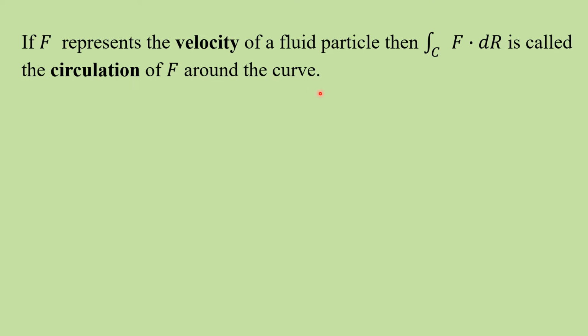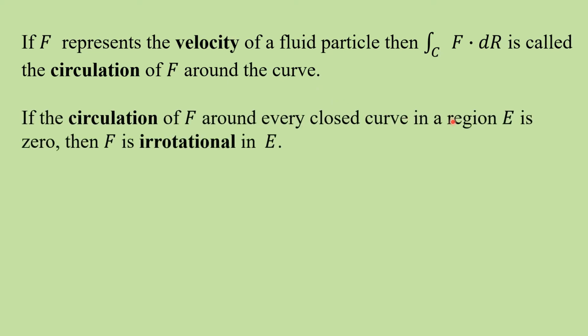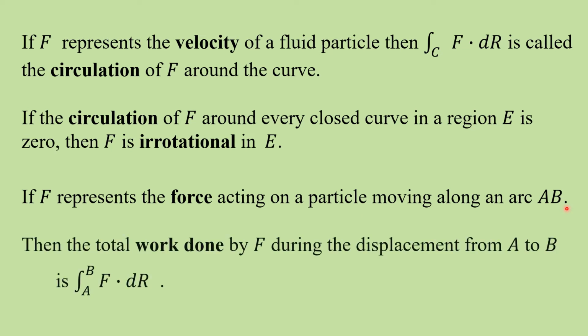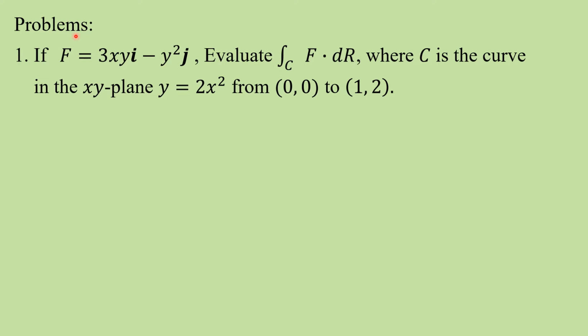Suppose that circulation of f around every closed curve in the region E is 0, then f is irrotational in E. Similarly, one more interpretation is, suppose f is a force acting on a particle which moves along an arc AB, then your line integral of f along C is nothing but total work done by f during the displacement from A to B. So that means it is work done in displacing the particle along that curve from A to B.